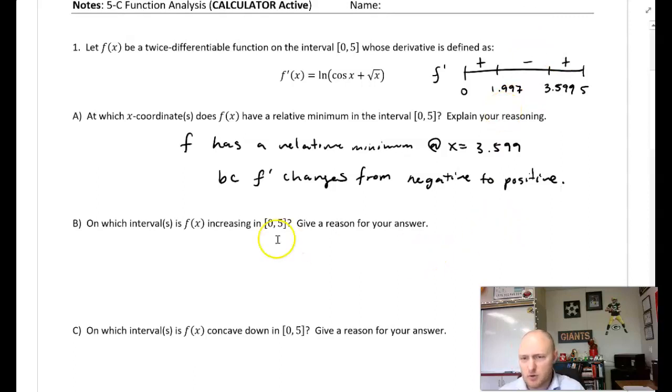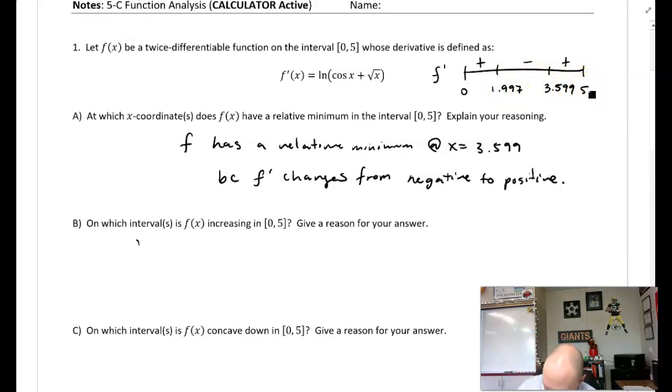All right, next question. On which intervals is f of x increasing in 0 to 5? I'm just going to read my sign chart. Thankfully, I already made it. So from 0 to 1.997 and 3.599 to 5.